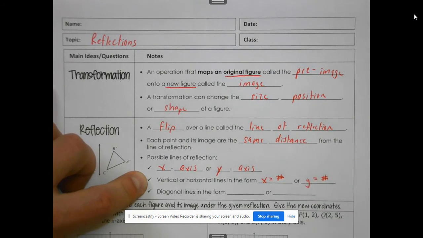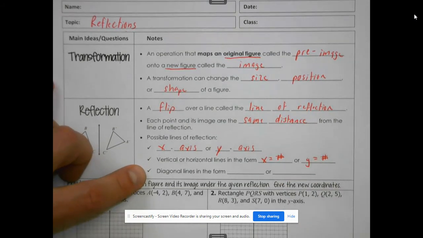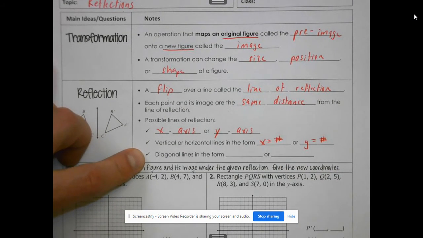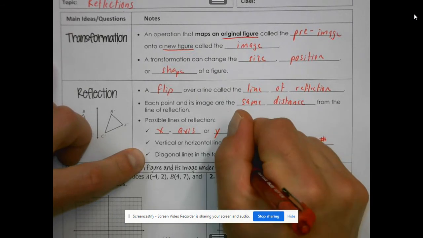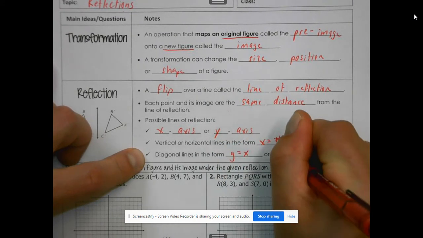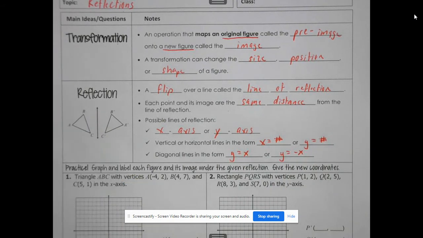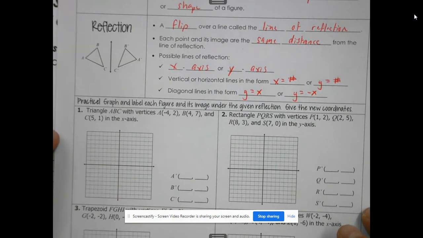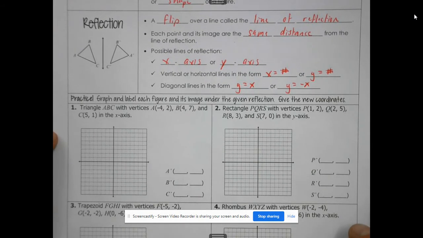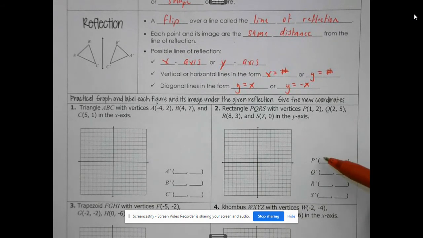We'll talk more about that on the back page. We can also reflect over diagonal lines in the form of y equals x or y equals negative x. All right, for the notes, we're only going to concentrate on the odds for this section. If you want to check the evens, you can check those with the key that is in the Google Classroom.